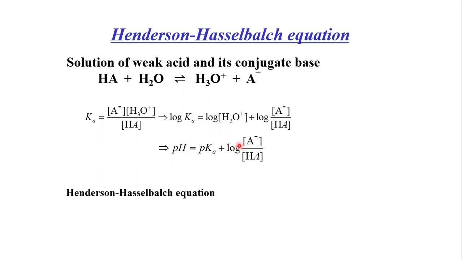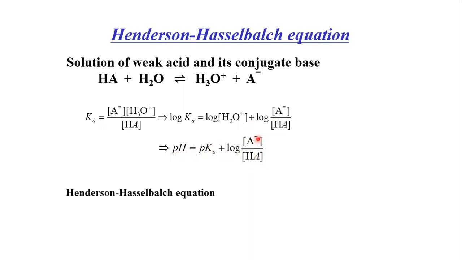This will be minus log of H3O plus, which is simply the pH, and this will be the minus log of Ka on this side, which is pKa. And this is the equation that I actually need. I need pH equals pKa plus log of A minus divided by HA. If I have the concentration of A minus at equilibrium and the concentration of HA at equilibrium, then indeed with the pKa I can get pH.